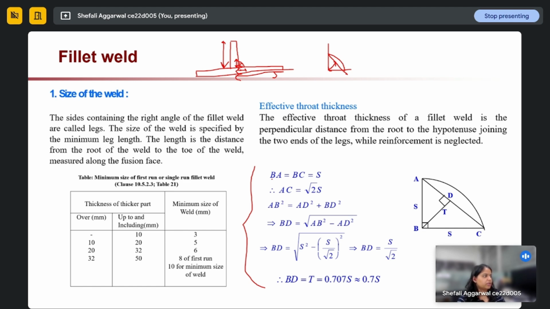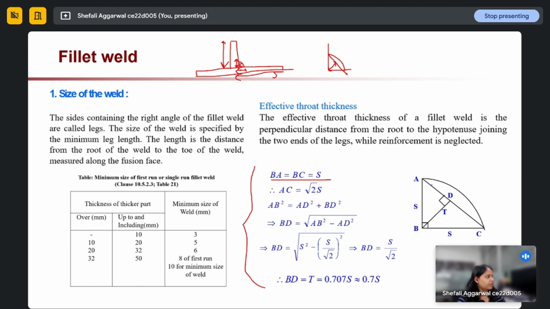In this case, we are considering BA is equal to BC is equal to S. We are considering both lengths are equal. If both lengths are equal, we can easily calculate this BT value, right? From right angle triangle properties, if we have BA, BC, we can calculate AC.